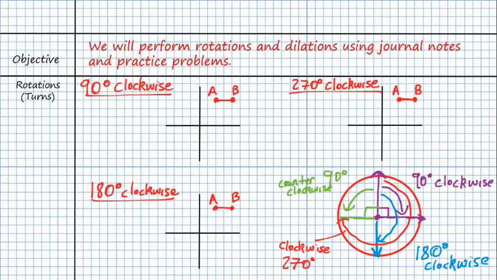If I've got a 90-degree clockwise turn, let's just think about it, right? I've got my ray here, and currently this point is at the points (2, 3) and (4, 3). And what we're going to do is execute a 90-degree turn. We can guesstimate that here.